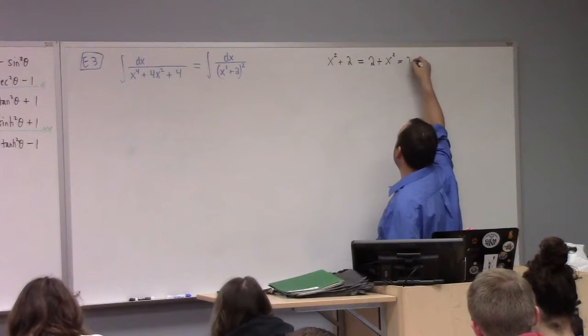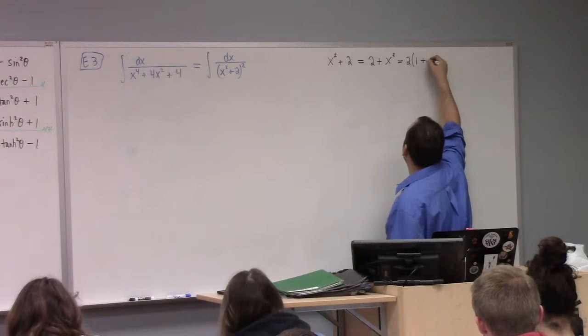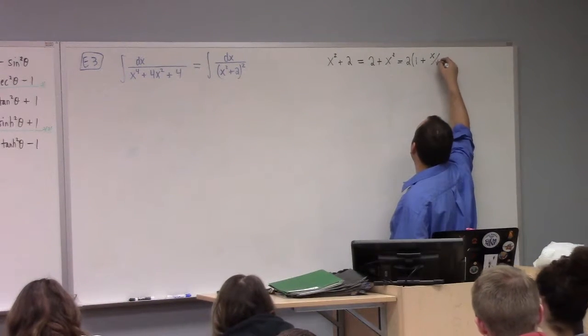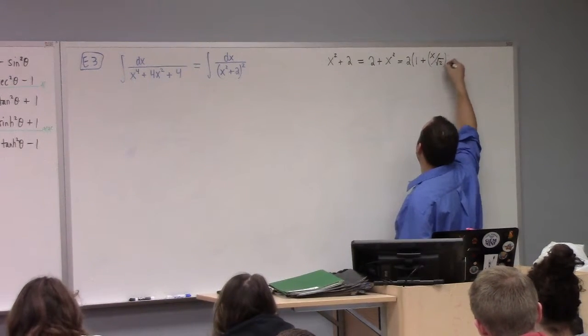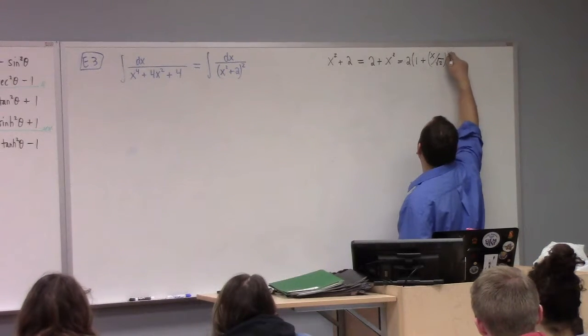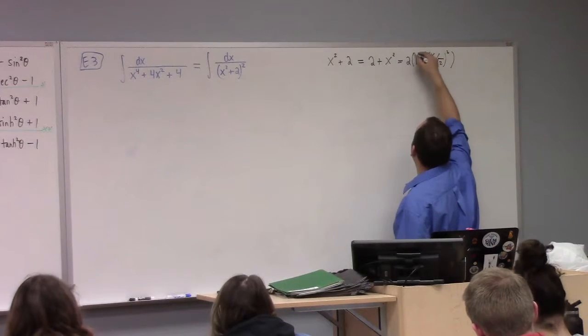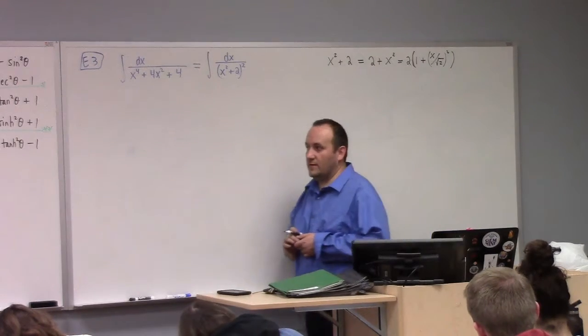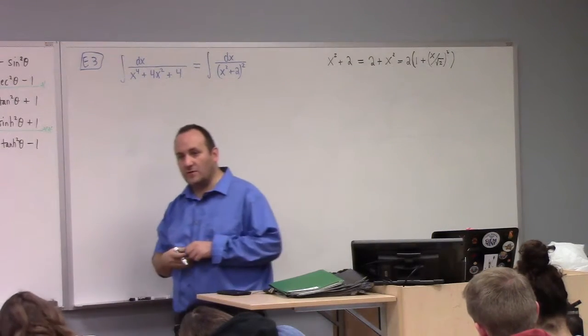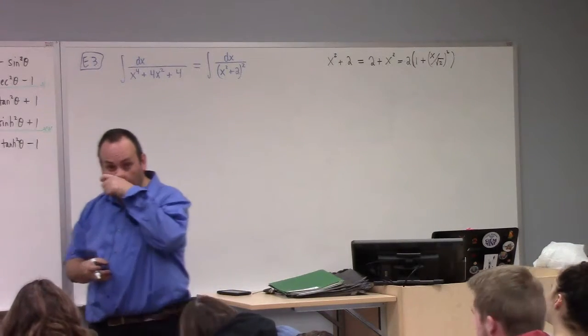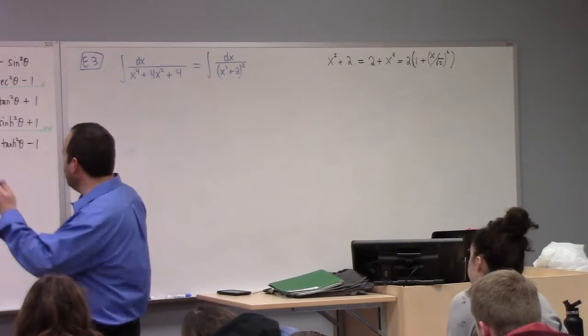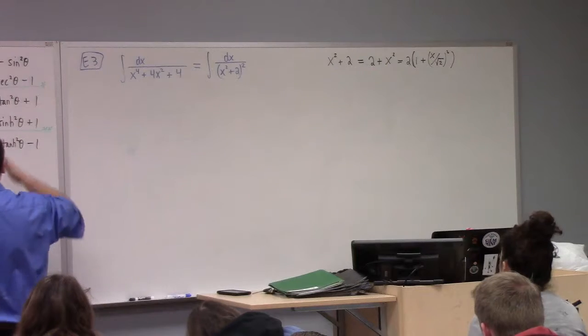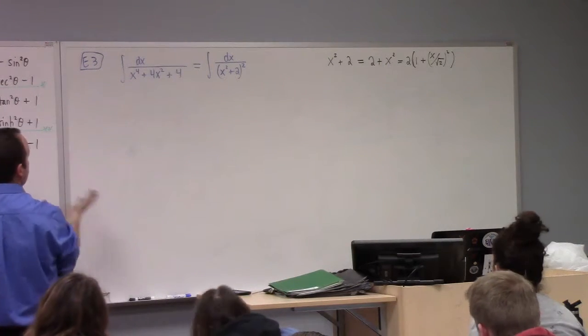We could factor out a 2, like so. And so if I want this 1 plus x over the square root of 2 squared to match one of my known patterns, what would I do?